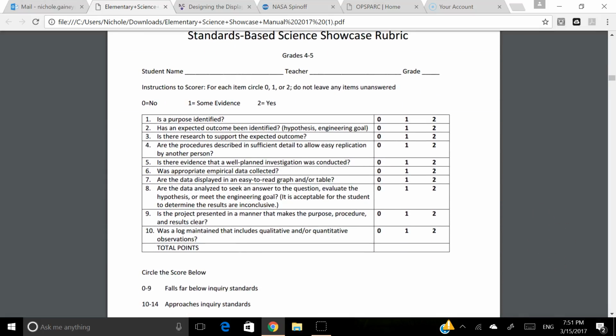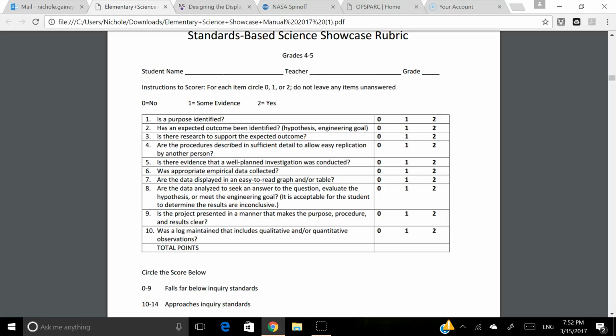Here's just a preview of what the rubric is that will be used to assess the level of the project that the students complete. So whether it is an engineering project or it is a traditional science fair type project, this is the rubric that the students will be evaluated with.